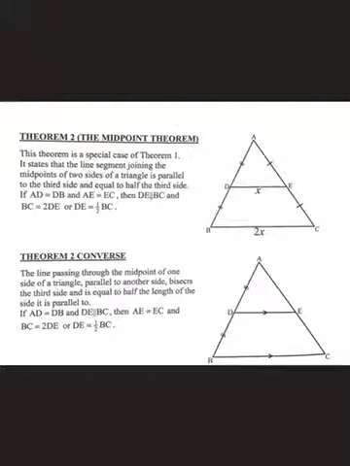And then just a quick recap, this also links to this theorem. Theorem 2 and Theorem 2 converse are linked to Theorem 1, the proportionality. It's just a specific case. So in a midpoint theorem situation that you learned about in grade 10, you know that if we have AD the same length as DB and AE the same length as EC, then the line that is breaking it in half must be parallel.